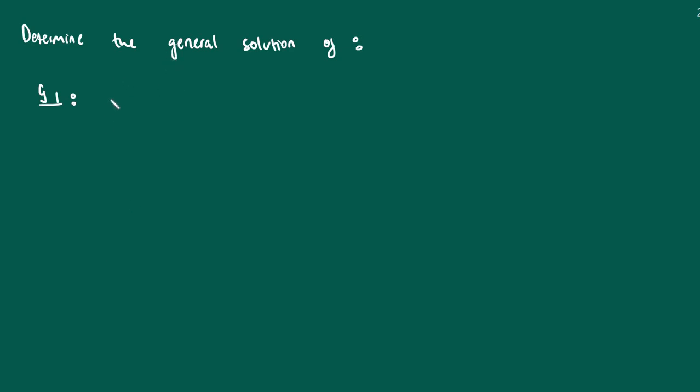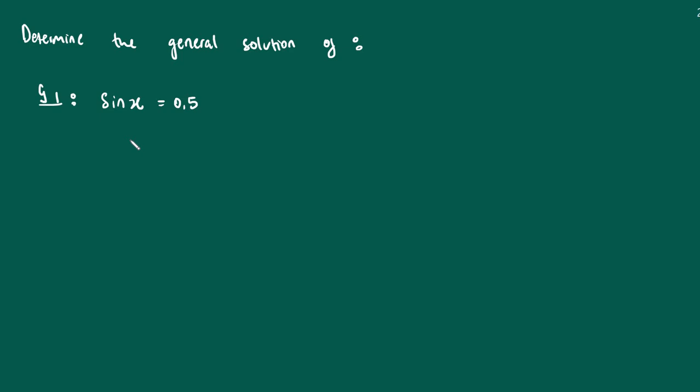So for G1, suppose that you have sin x is equal to 0,5. Sin x is equal to 0,5. How do you solve it, right? The general procedure, if you were in grade 10, right? In fact, I'm not even going to talk about the grade 10 part of things. Let's talk about what we need to know.